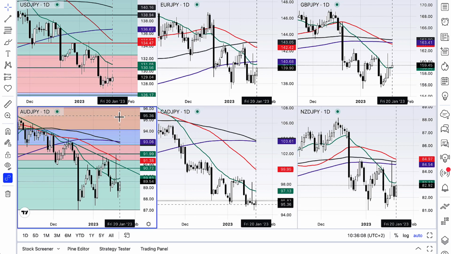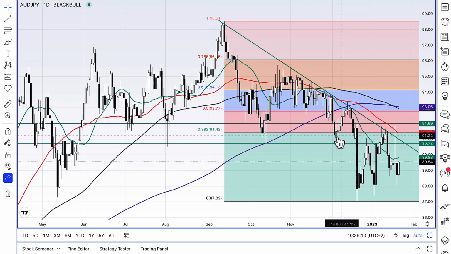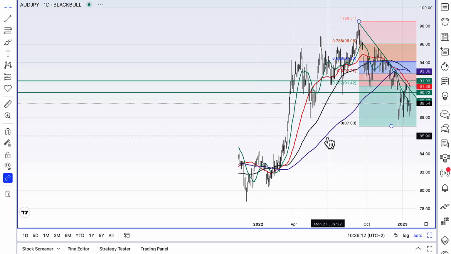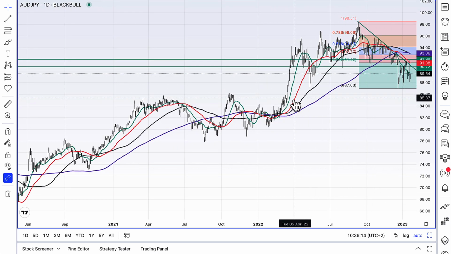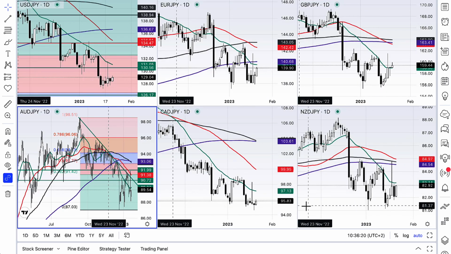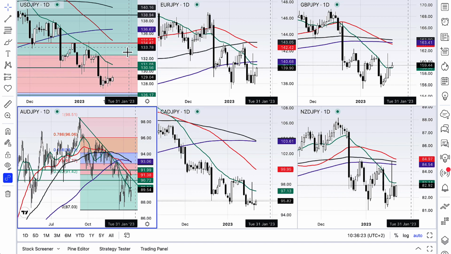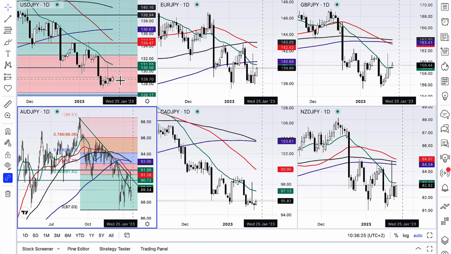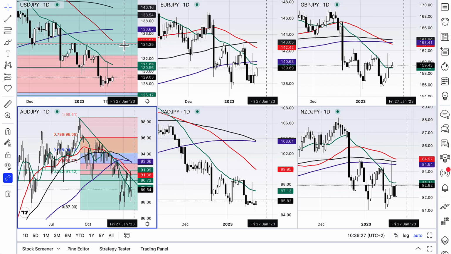I think, simply to repeat, we're going to see a continuation of this pattern at some stage on the Aussie yen to complete this pattern and move down towards the 80 to 82 level on Aussie yen. Dollar yen, perhaps we can get a little pop up to one of these lines, this green line at 130.60 or maybe even 134.